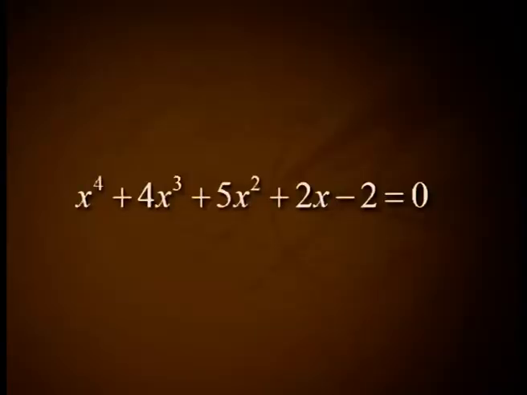Example 3. Solve the polynomial equation x⁴ + 4x³ + 5x² + 2x - 2 = 0, of which one root is -1 + √-1. Solution.